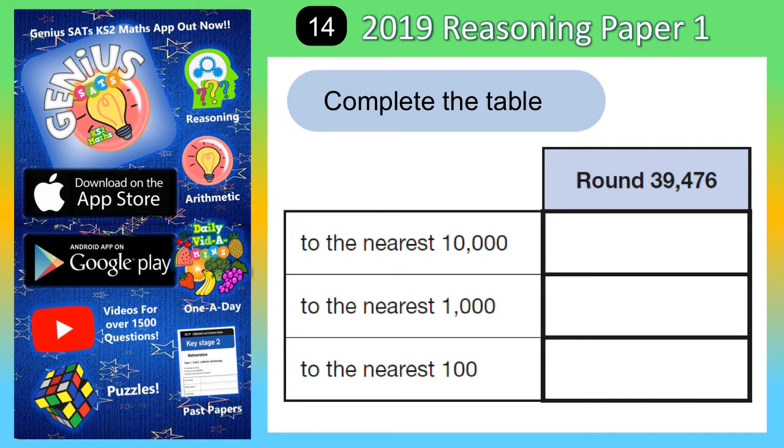So the first thing I'm going to do is write the number over the top of each of our units of accuracy. But I'm going to do it from the units column outwards to make sure my columns are actually lined up. So I'm going to put 6, 7, 4, 9, 3.